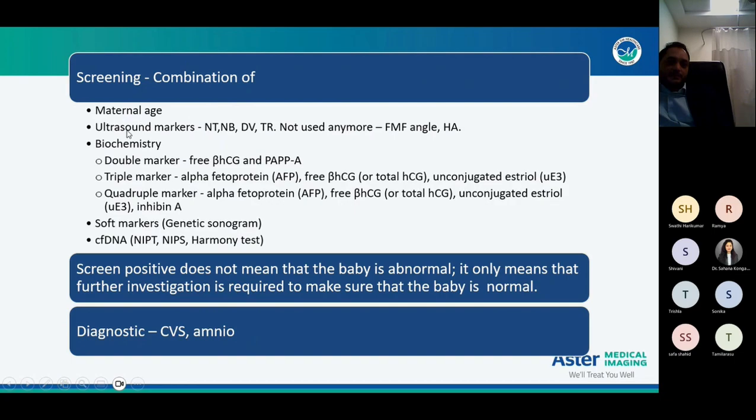Plus, along with the maternal age and sonological markers, we also do biochemistry.